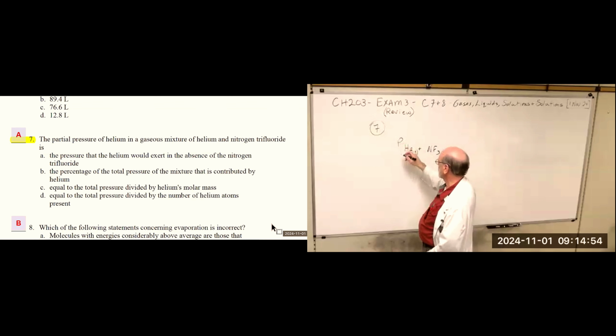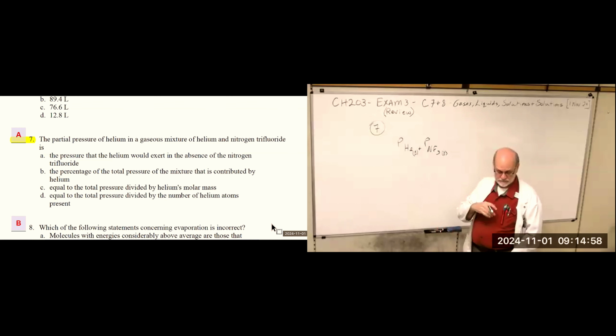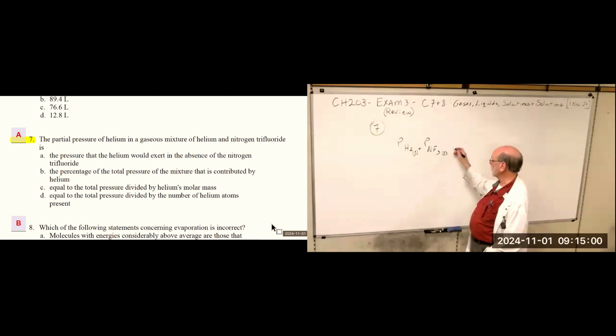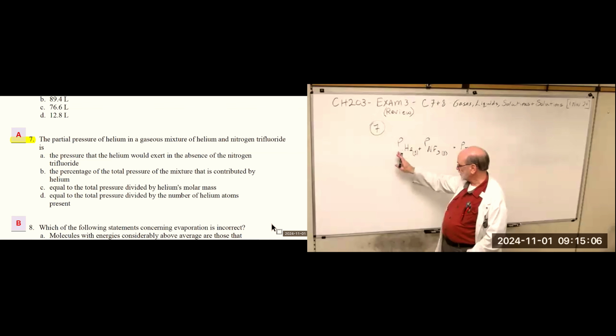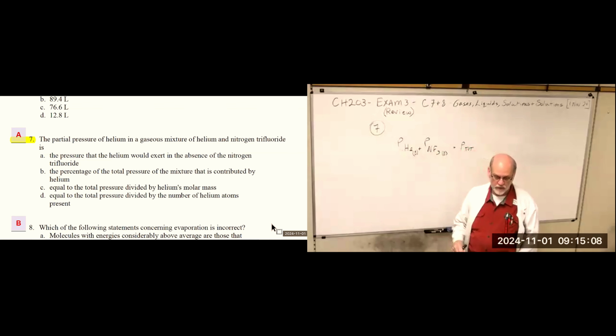So we're looking at the partial pressure of each one. According to Dalton's law of partial pressure, that should be a total. If those are the only two gases in there, partial pressure of each one added up gives you the total pressure. But let's see, we got to figure out which one of these is correct.